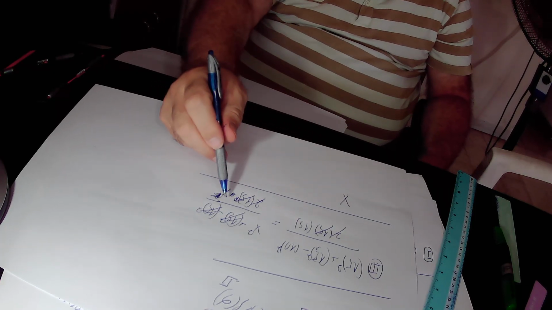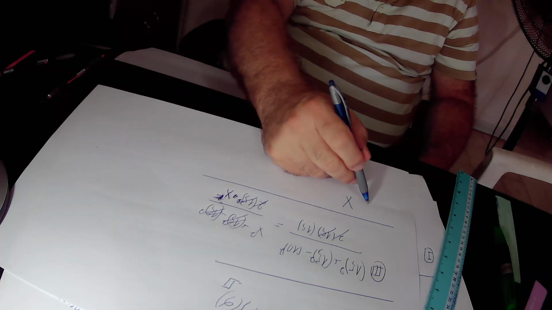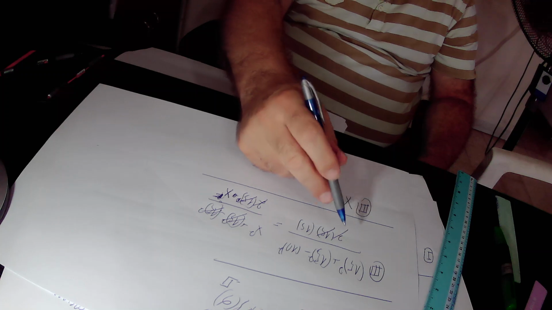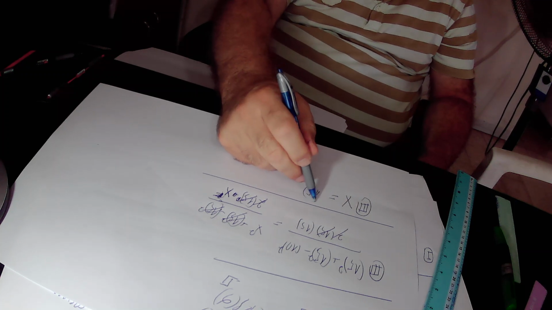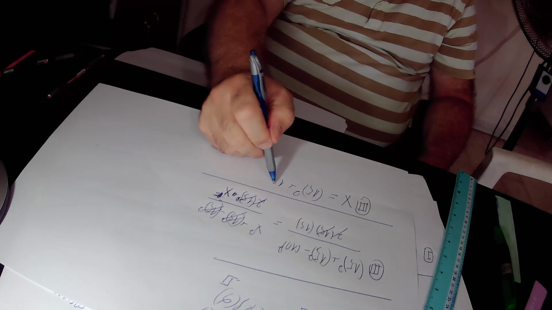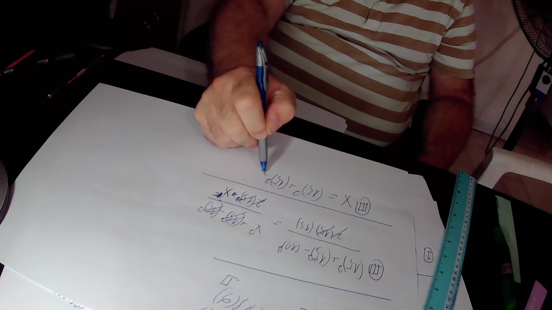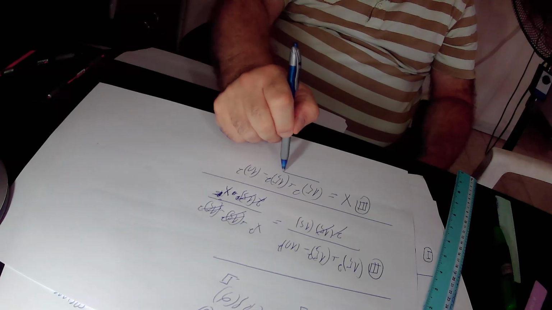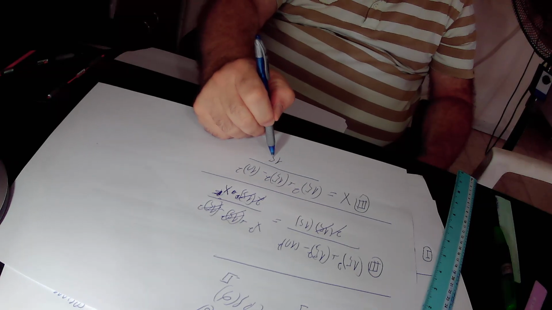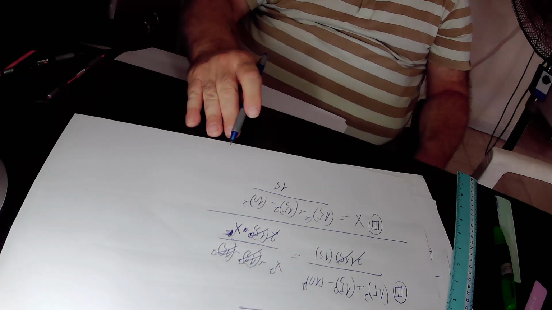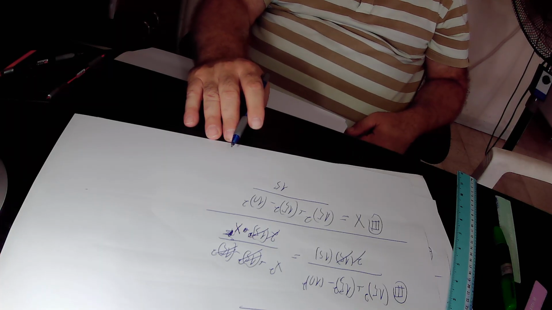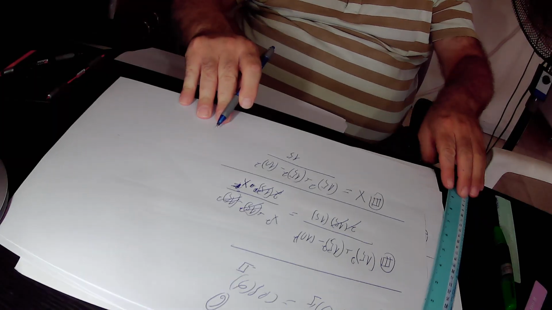So in this side we're left only with x, while in the other side we have 15 squared plus 15 squared minus 10 squared divided by 15. So we found that x equals 15 squared plus 15 squared minus 10 squared over 15.